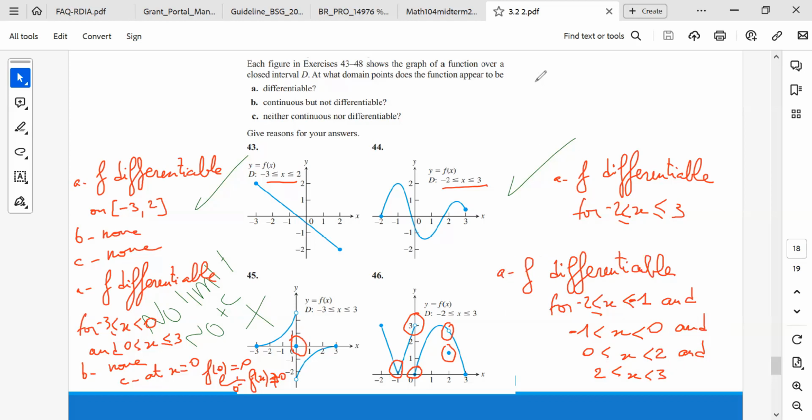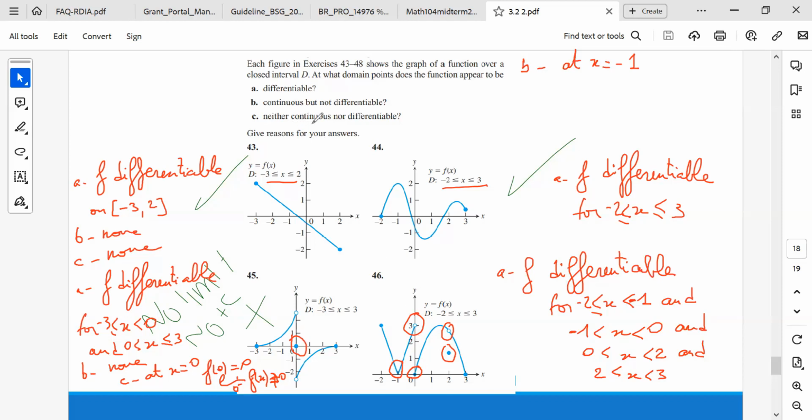Where is it continuous but not differentiable? At x equals -1. It is continuous, مستمرة, but we have a sharp corner. It's not differentiable at this point.